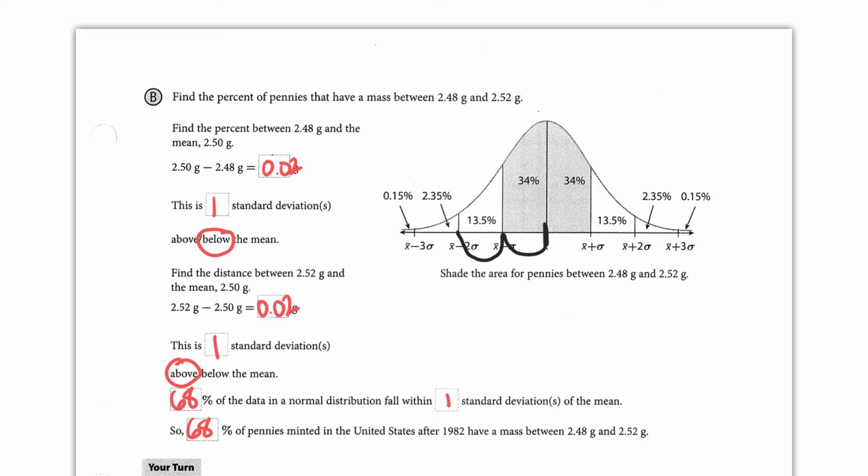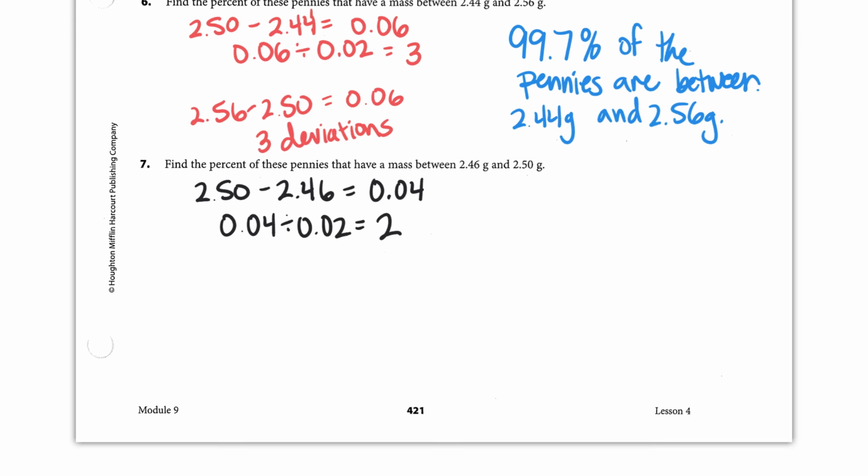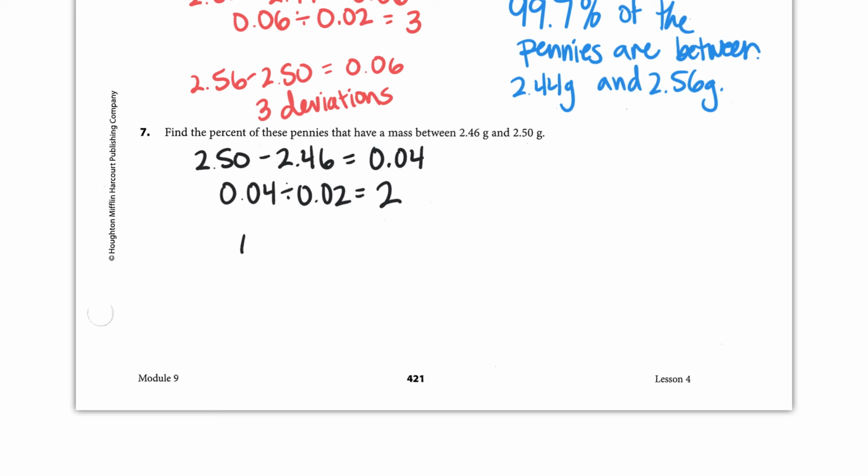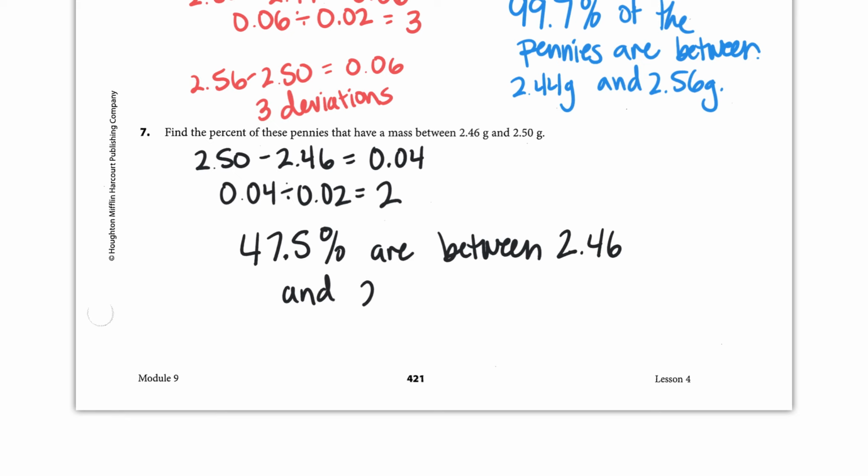So 1, 2. We need to combine 34 and 13.5, which gives us 47.5. So 47.5% are between 2.46 and 2.50 grams.